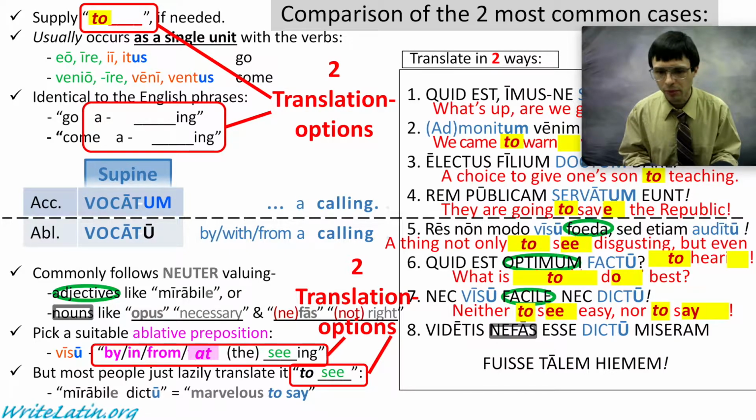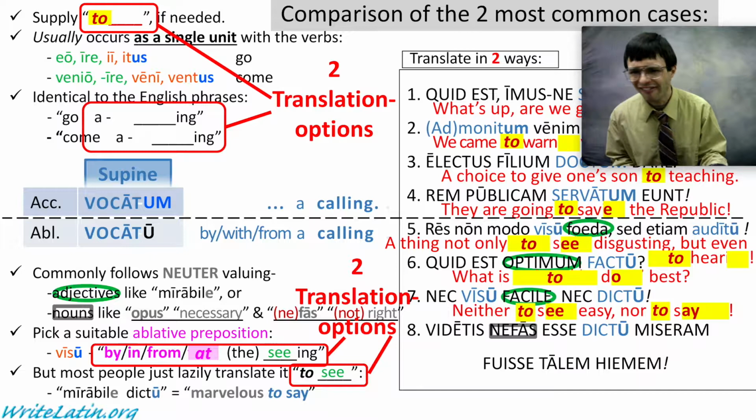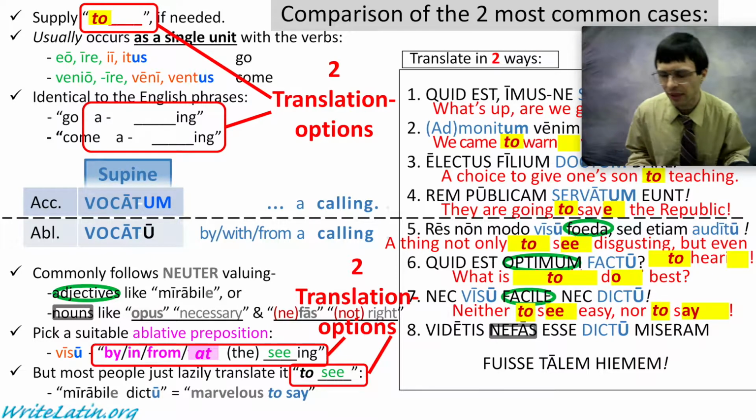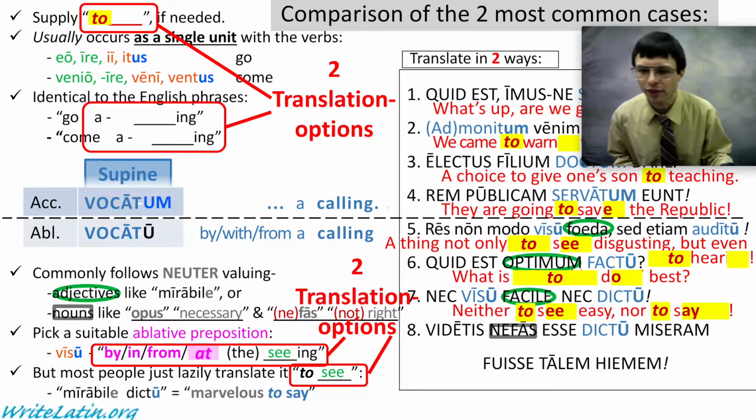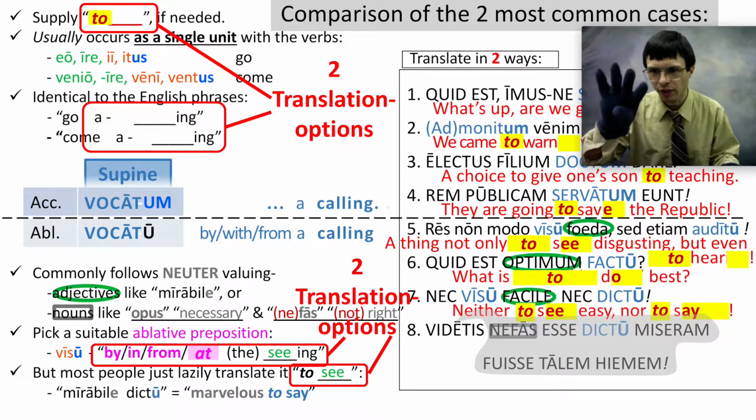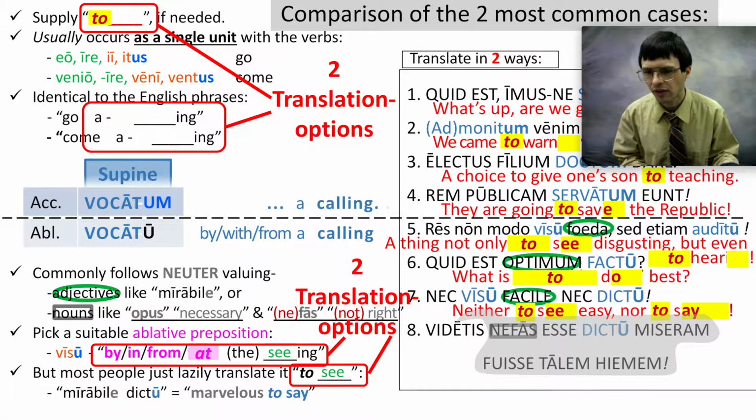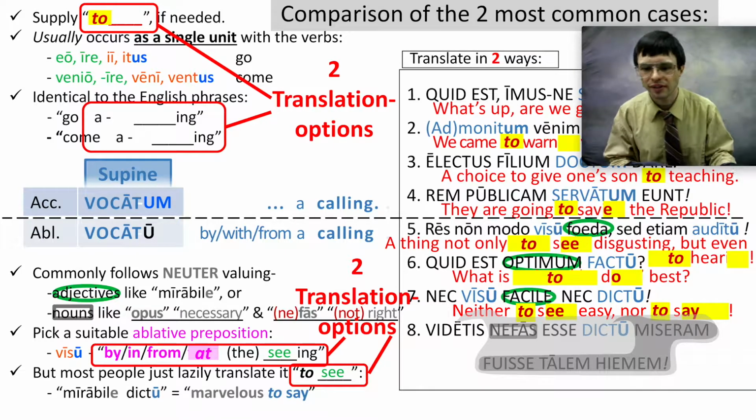And then number 8, videtis nefas esse dictu, miseram fuisse talem hiemem. All right, so the first word introduces an indirect statement surrounding the infinitive esse, and then inside of that, dictu introduces another indirect statement surrounding the infinitive fuisse. So this one was pretty hard, but let's see if you got it.